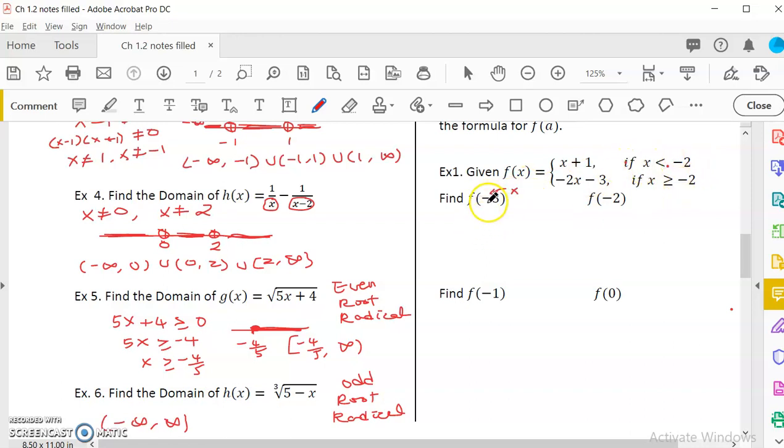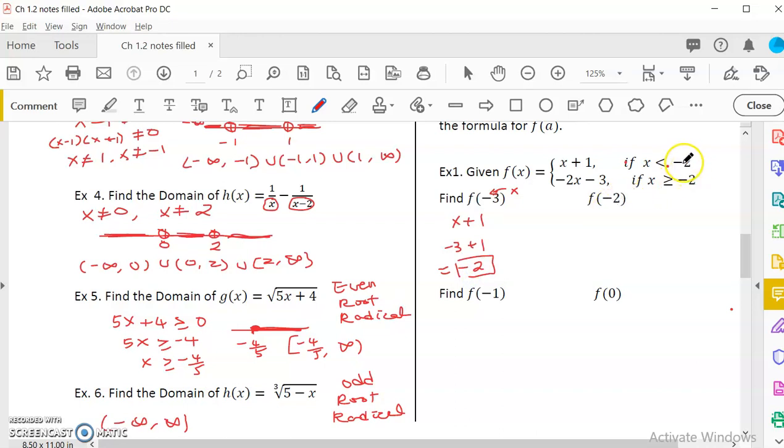Does -3 fall into x less than -2? Yes, -3 is less than -2, so it is in this domain, so we use the first formula. So we use x plus 1, right? x is -3, so -3 plus 1 equals -2. So that's our answer.